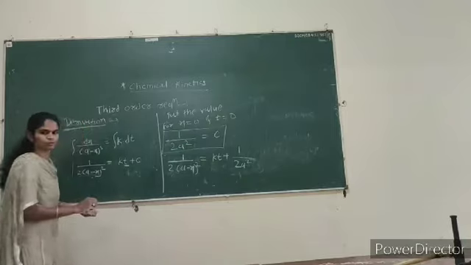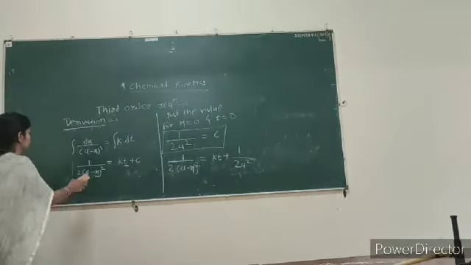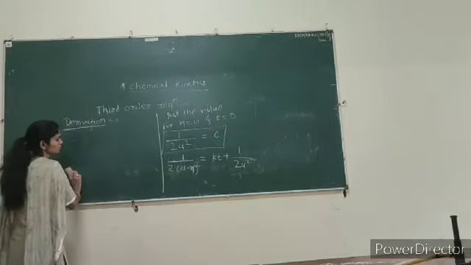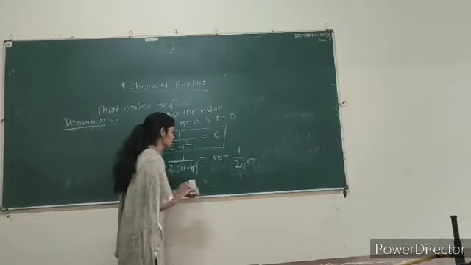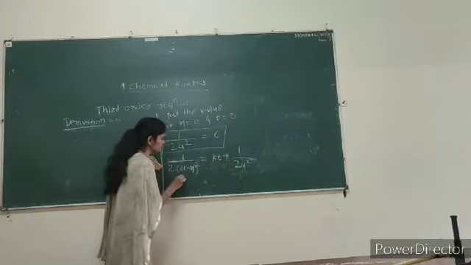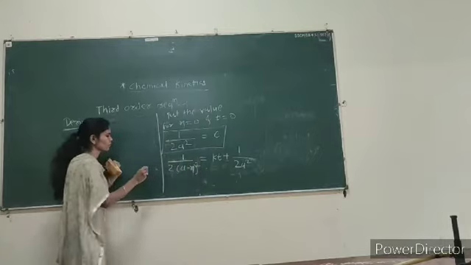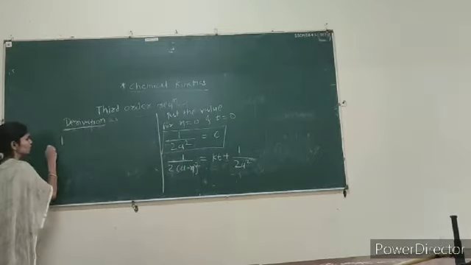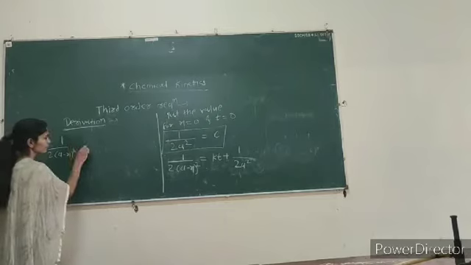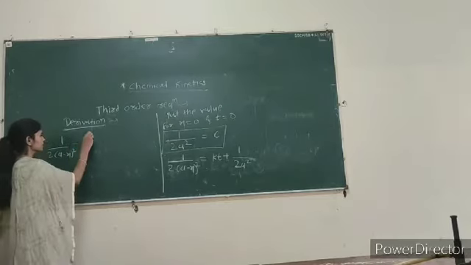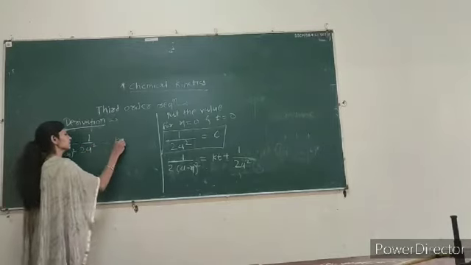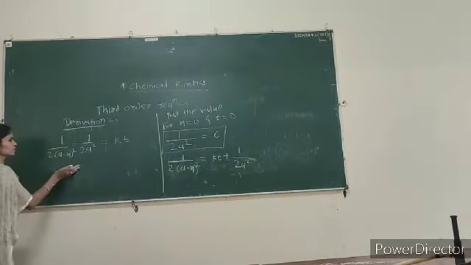Now in this equation, the term 1 upon 2a squared on the right side has a plus sign, which is converted to minus on the left side. Therefore, 1 upon 2(a minus x) squared minus 1 upon 2a squared is equal to kt.